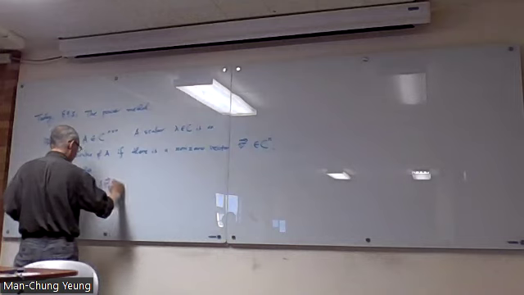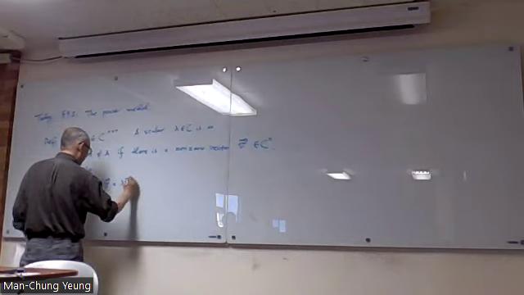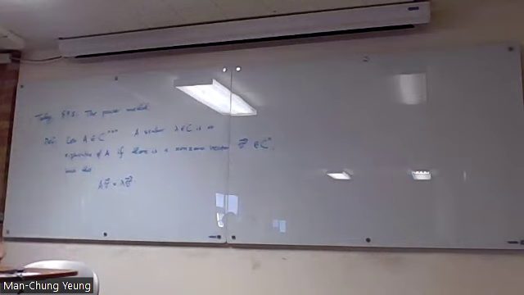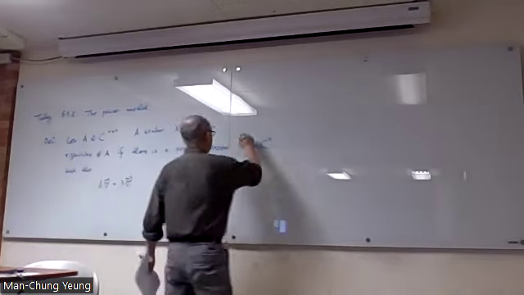Then lambda is an eigenvalue and V is the associated eigenvector.